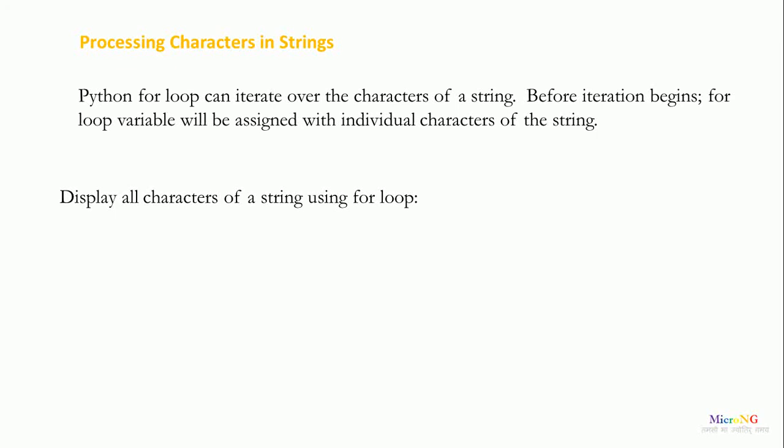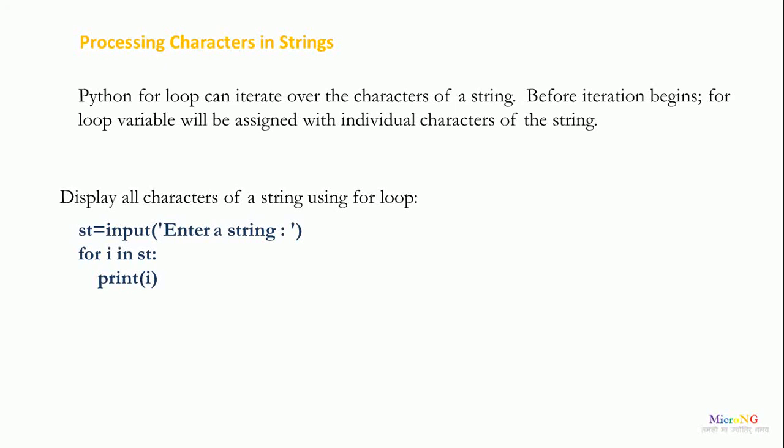Let us see an example to display all the characters of a string using a for loop. In this example, by using an input method, we take a string from the user and store it in the variable st. The for loop is written as for I in st.